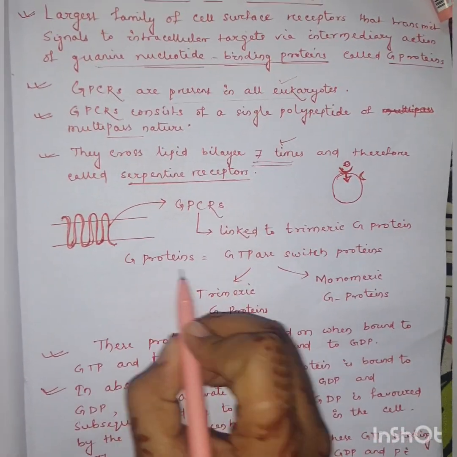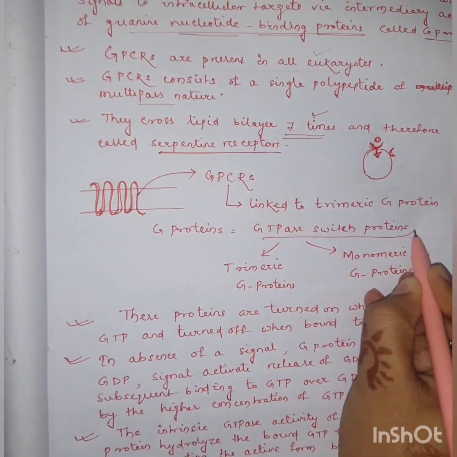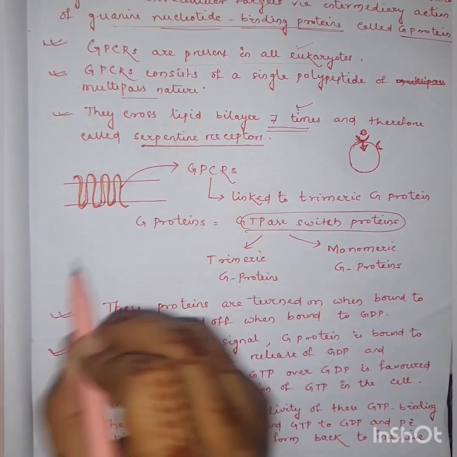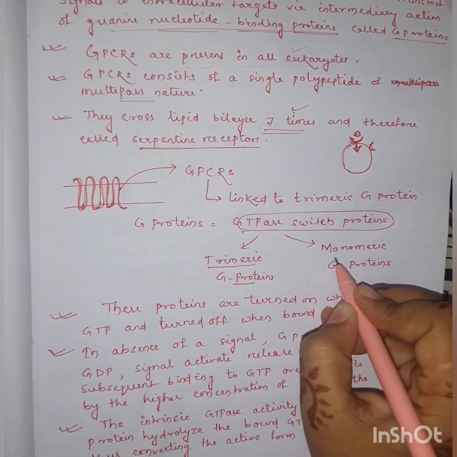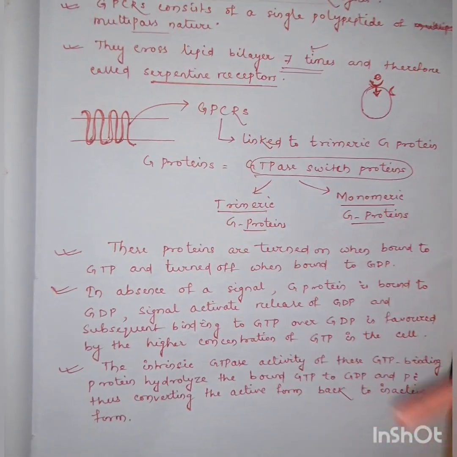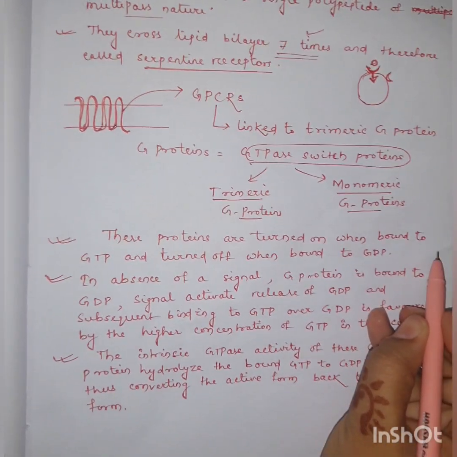So there are two types of G proteins, also called GTPase switch proteins, linked with this GPCR. One is called trimeric G proteins, and the other group is called monomeric G proteins. These proteins are turned on when bound to GTP.